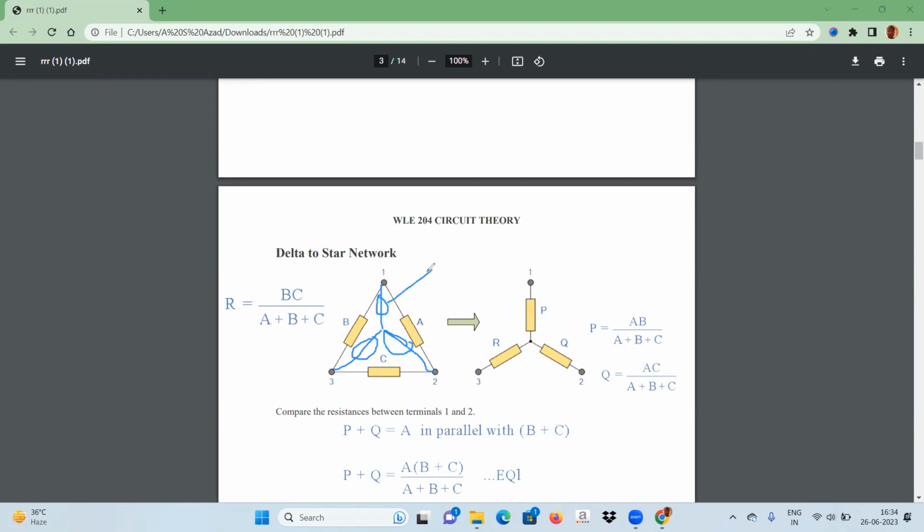If this one is P, then P can be calculated as P is equal to A into B upon A plus B plus C. Okay?